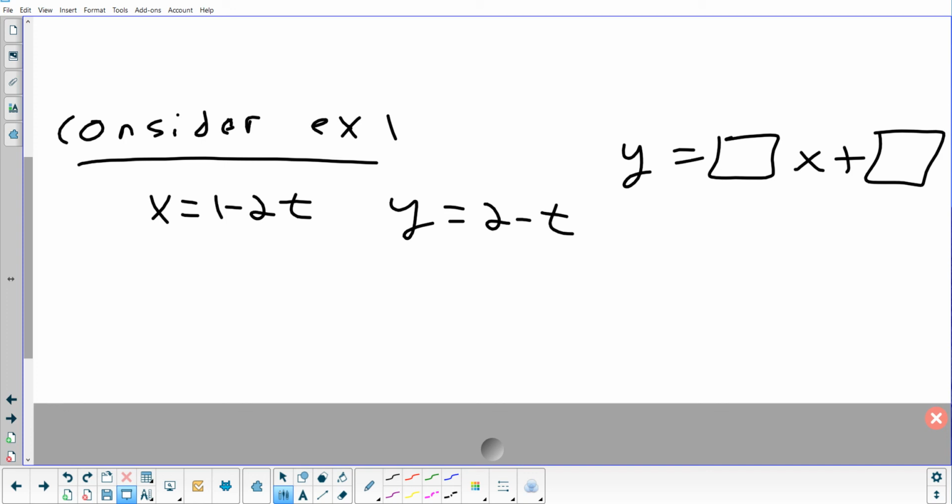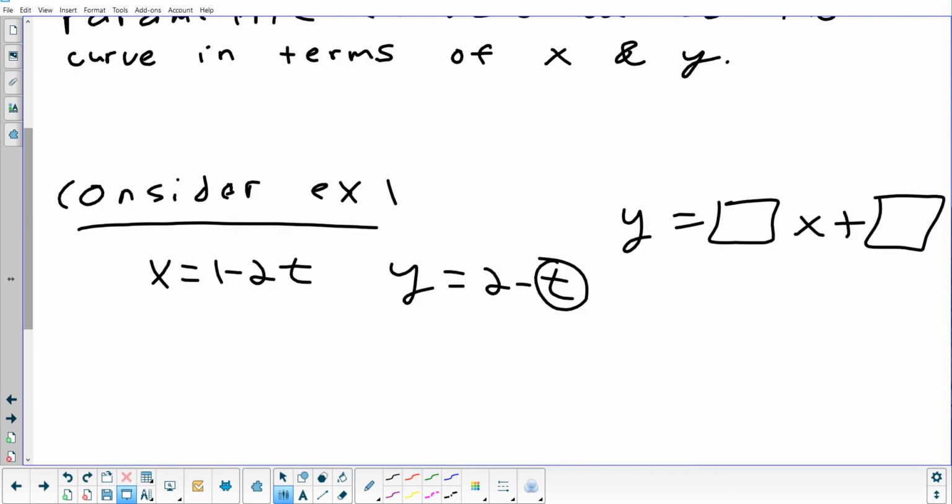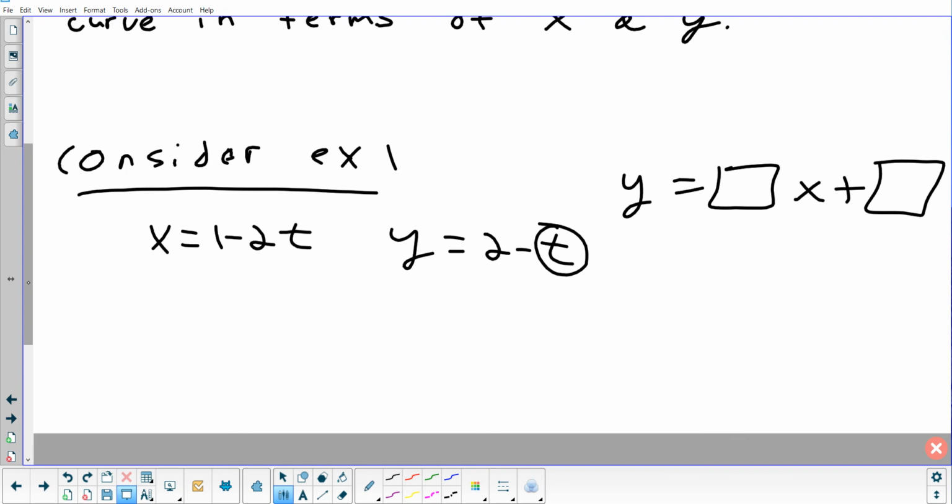Anybody have a thought about how I can eliminate that parameter in the y equation? Somehow using the x equation. Yep? Substitution. Yeah, we're going to do substitution. That's what eliminating the parameter is. What letter are you going to solve that equation for? John? Yeah, we're going to solve it for t.